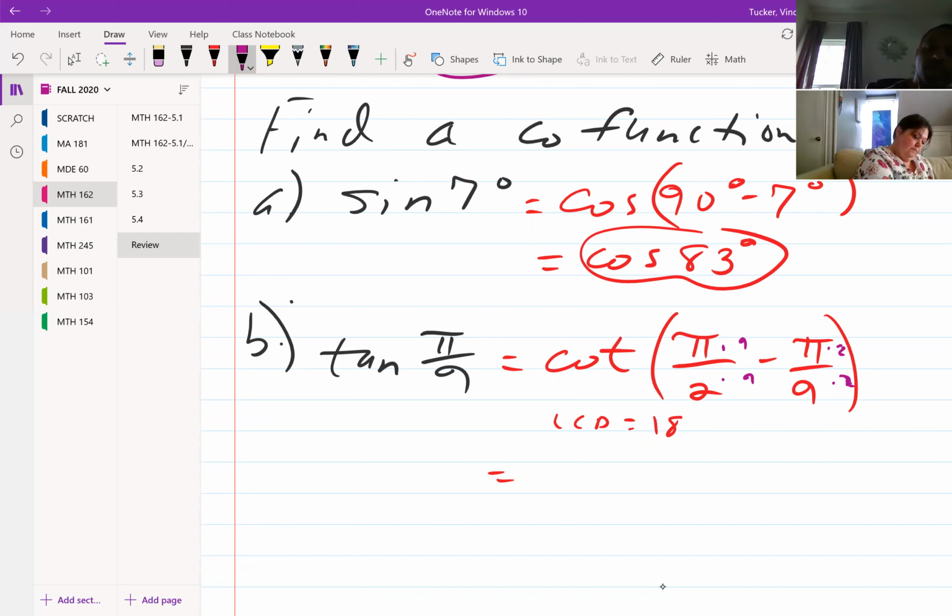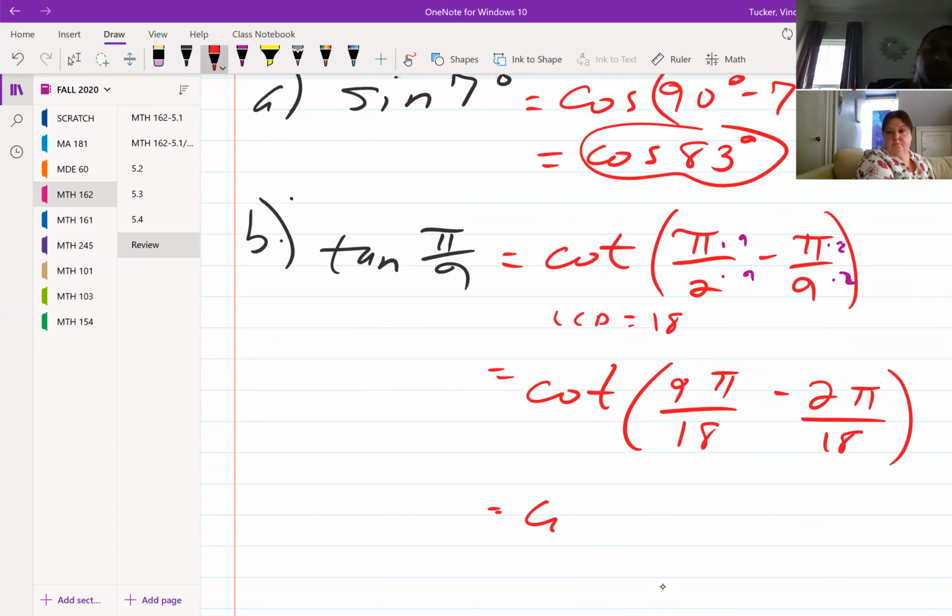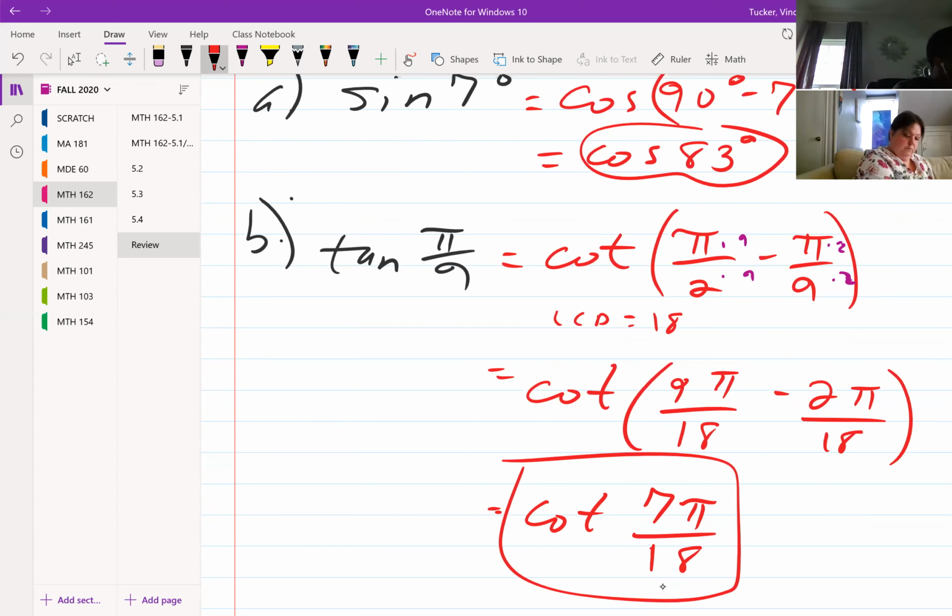Multiply the first one top and bottom by 9, second one top and bottom by 2. All right, so that's that.